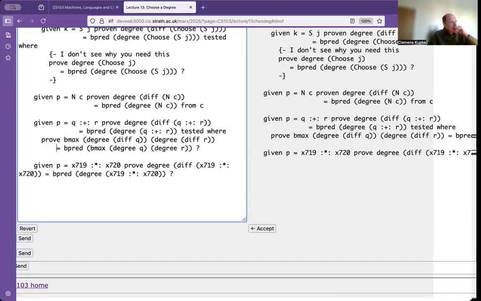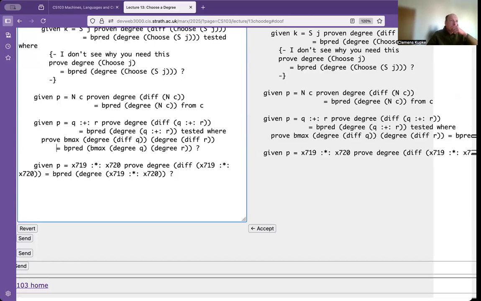So here we see on the left-hand side, we've got degree diff Q and degree diff R, and we don't have any diffs on the right-hand side. So we need to focus on how to get rid of the diffs.